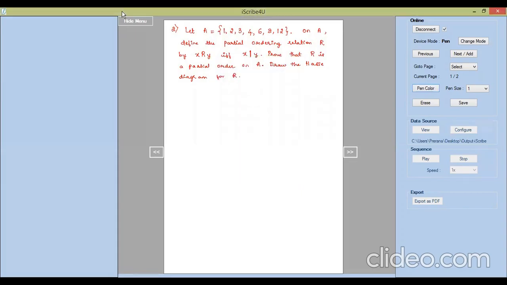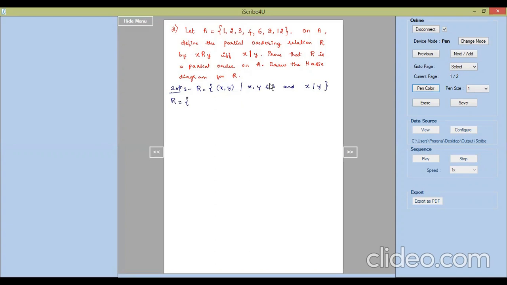It is similar to the previous problem, the only difference is we have a different set A given for us. So let us see the solution. First we will write down the relation R. Here also R is defined as the ordered pairs X comma Y such that X and Y both belong to the set A, and it is given that X divides Y. So let us write down the relation R first.